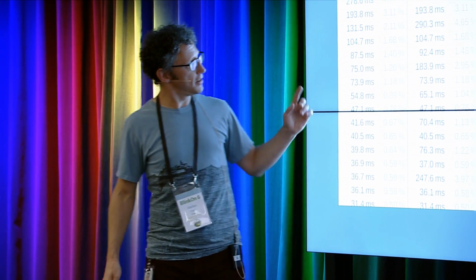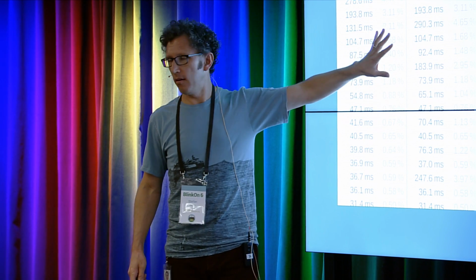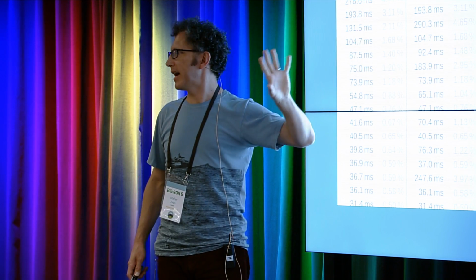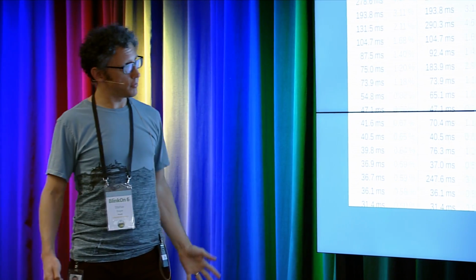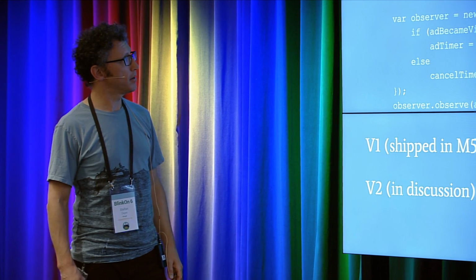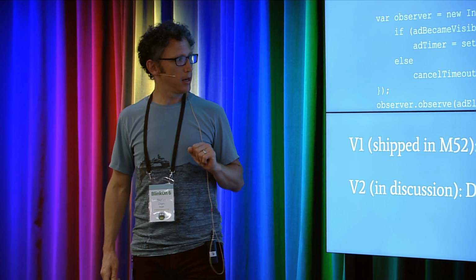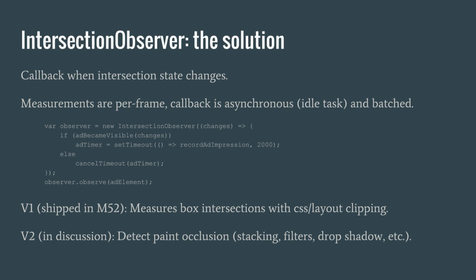Kenji, I understand, did a deep dive into Forbes.com specifically and found that of all this script that's running, the great majority of it is calculating the visibility of ads. So we have reason to think that Intersection Observer can make a big dent in this problem. So again, version 1 just shipped. It measures intersections and it calculates CSS clipping and also overflow clipping.